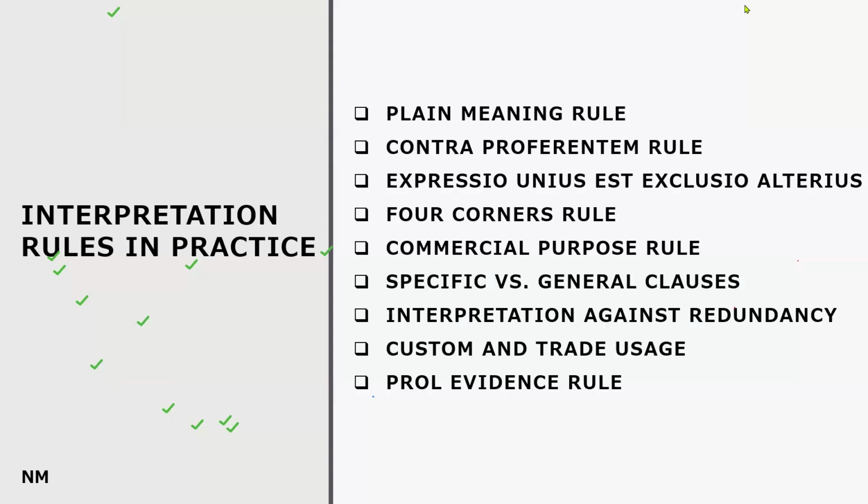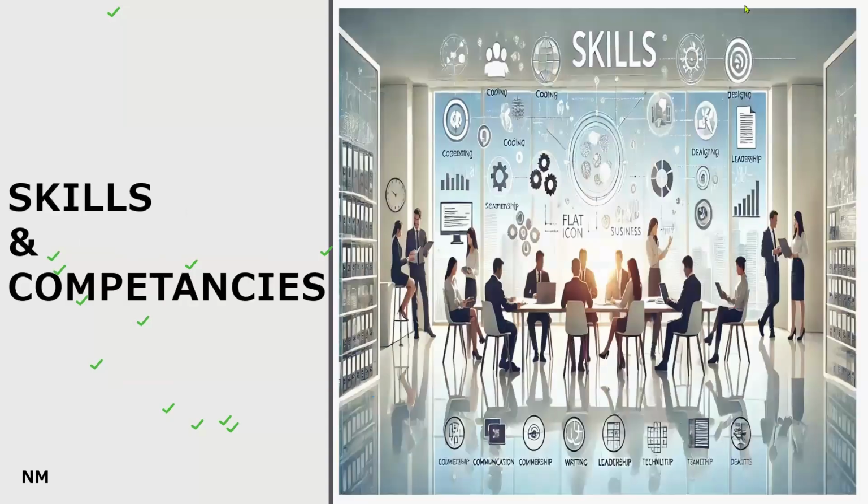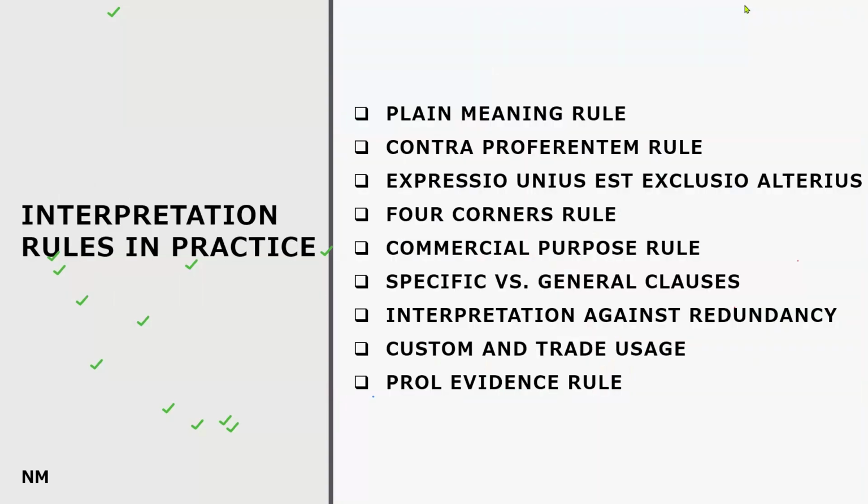I hope you will go through these things and learn more about these interpretation rules, which are in practice and very helpful. When we are trying to interpret things, right at the beginning, even for me, we get lost on the way of interpreting because in the mind you will get a lot of options.